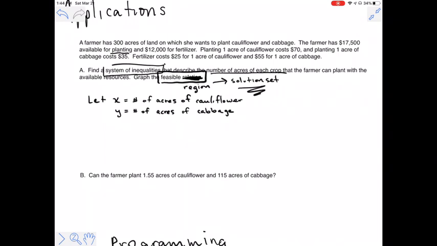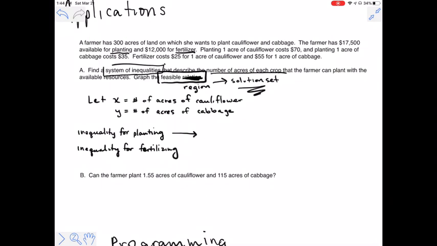There's planting and there's fertilizing, so we may be able to make an inequality for planting, and then we could make an inequality for fertilizing. So let's first focus on planting.